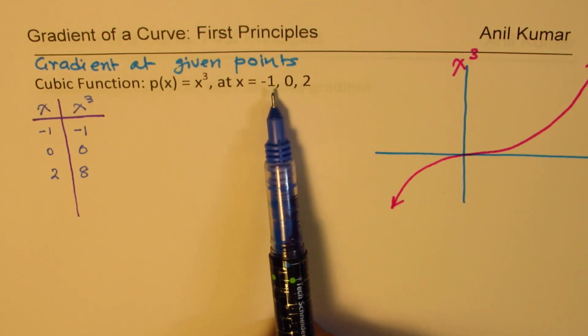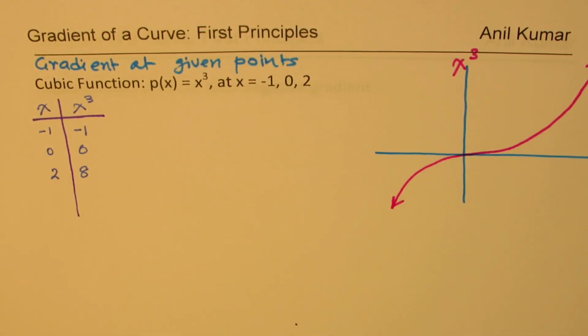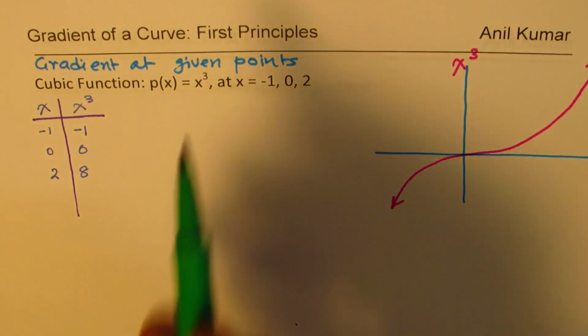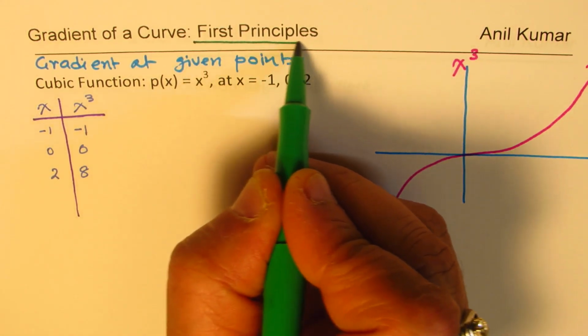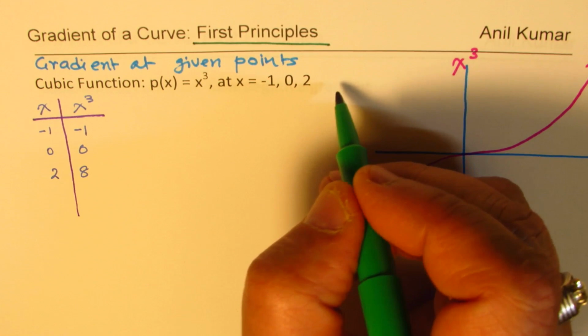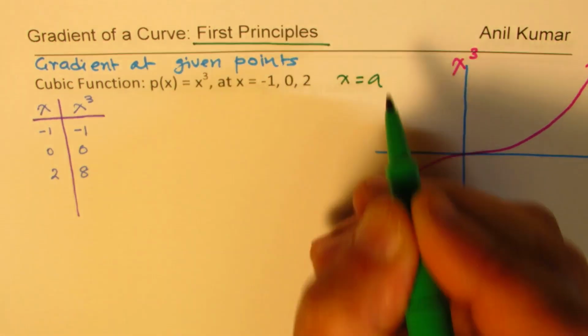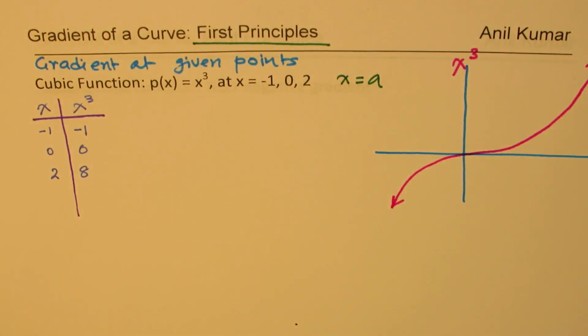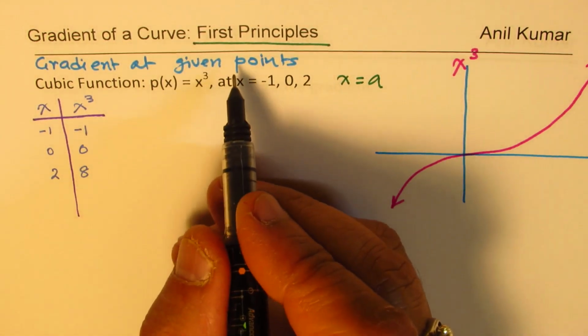So there are now more than one point. So in this case, what we do here is that we follow the general principle, first principle, and get a general expression for x equals to a, as we did last time. You get the idea. Correct? So that's the whole idea. So we'll apply the first principle to find. So let me summarize the first principle now.